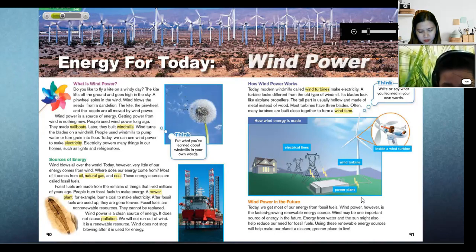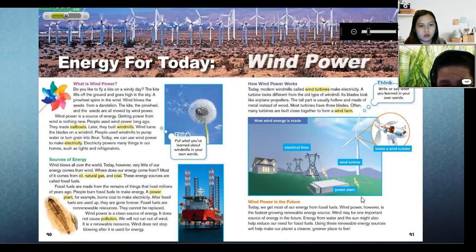Sources of energy. Wind blows all over the world. Today, however, very little of our energy comes from wind. Where does our energy come from? Most of it comes from oil, natural gas, and coal. These energy sources are called fossil fuels. Fossil fuels are made from the remains of things that lived millions of years ago.